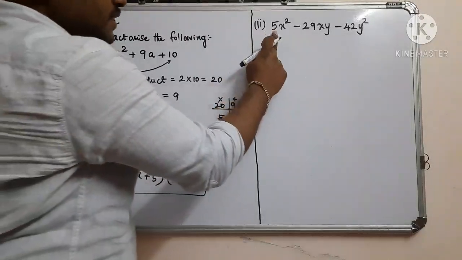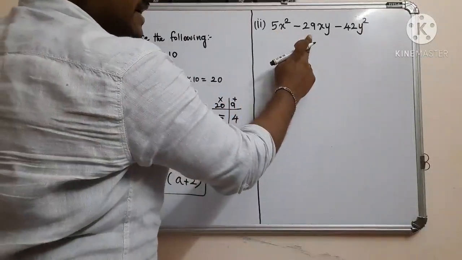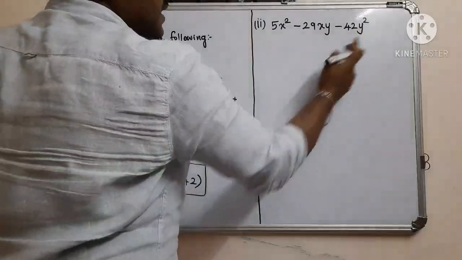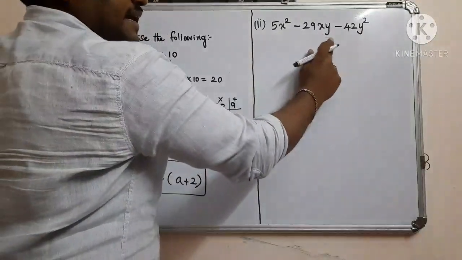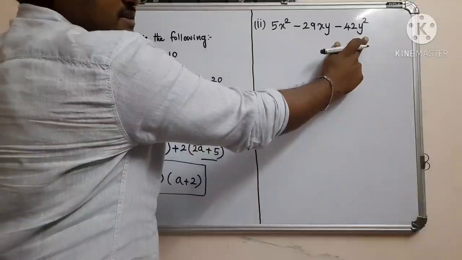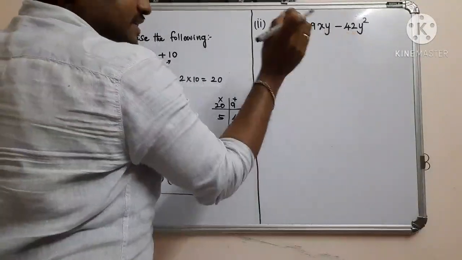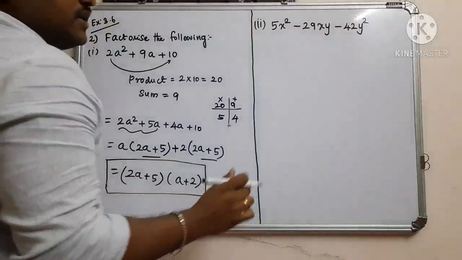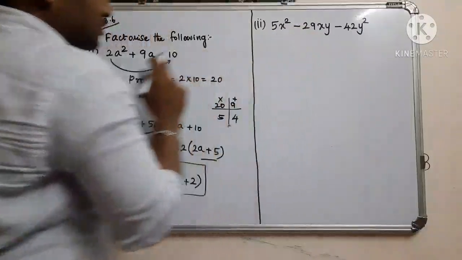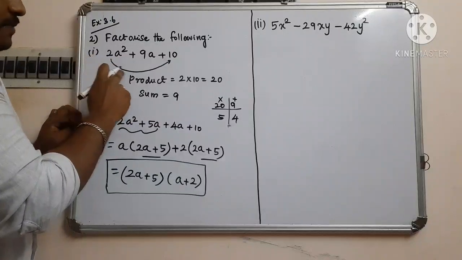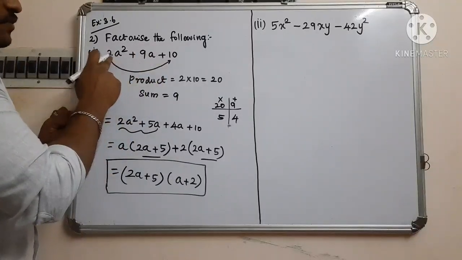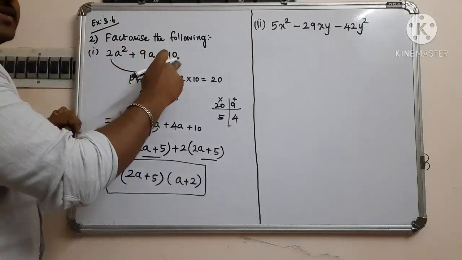Second one, 5x square minus 29xy minus 42y square. Here don't get confused between the xy term and the last y square term. Just take it as one polynomial. As usual, what we did in the previous question, we multiply the x square coefficient with the last term.